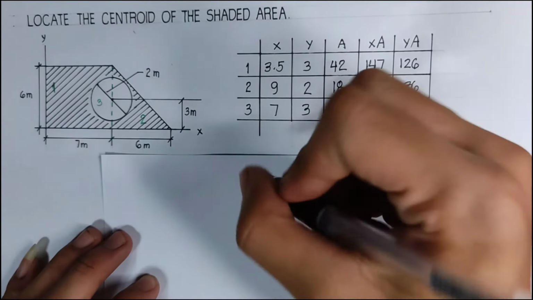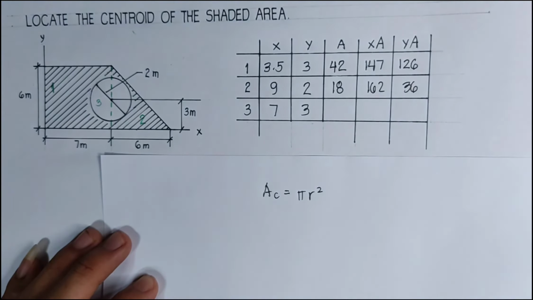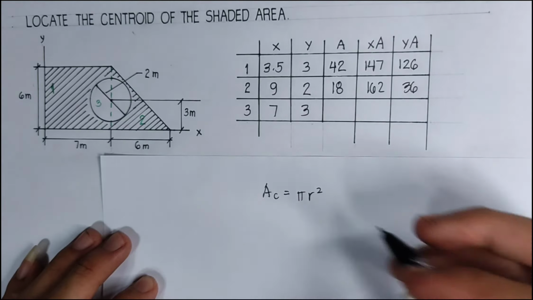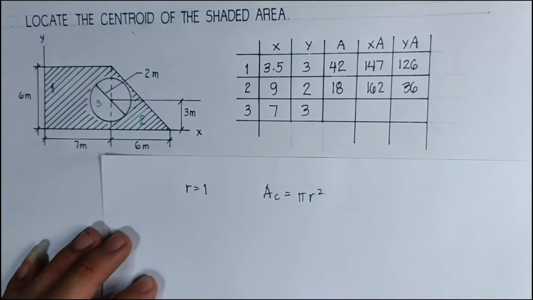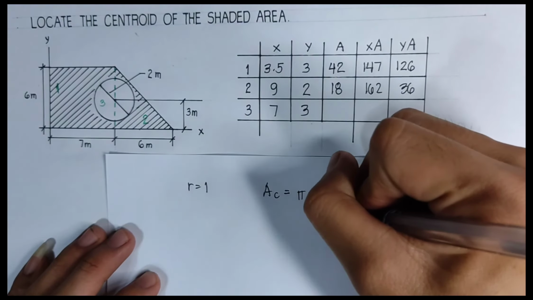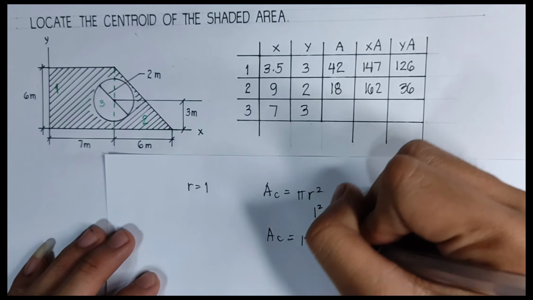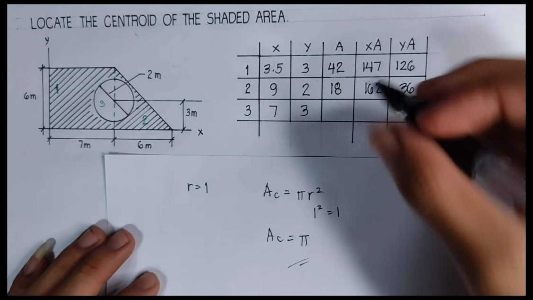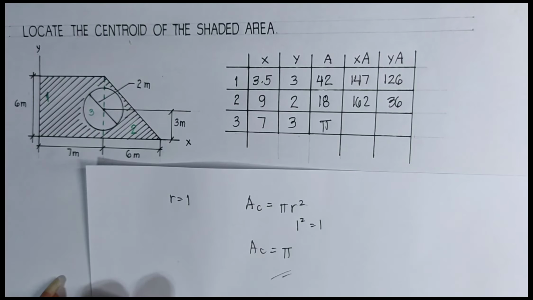The area of a circle is equal to pi r squared. Since the diameter of our circle is 2, then the radius will be 1. Basically, 1 squared is equal to 1, so our area will be equal to pi. But take note that if a composite body has a hole, then consider the hole as an additional body part having negative value.